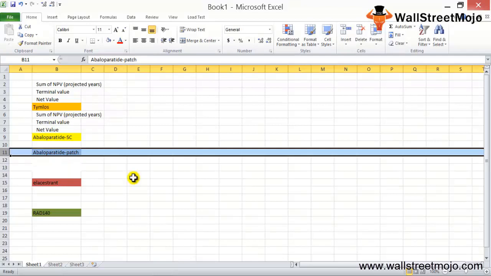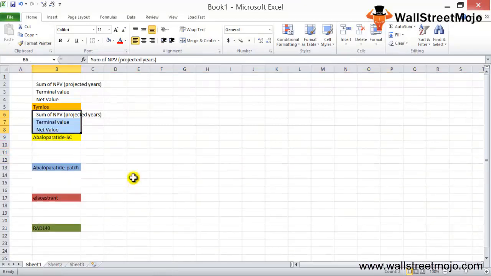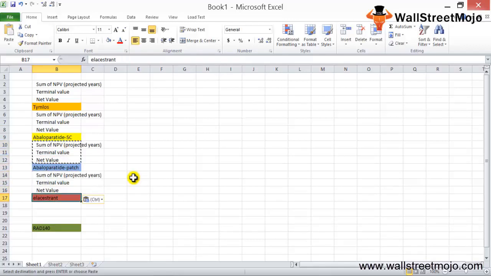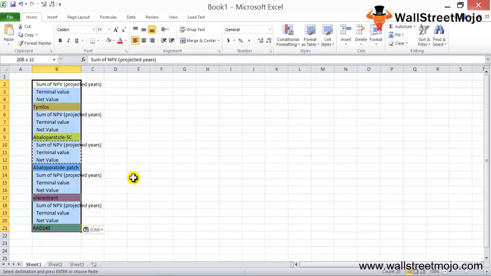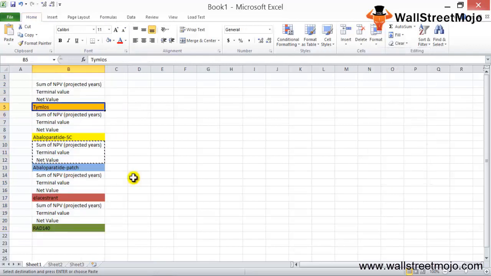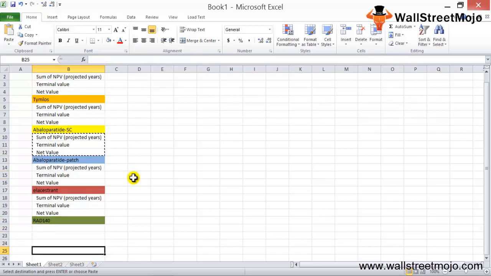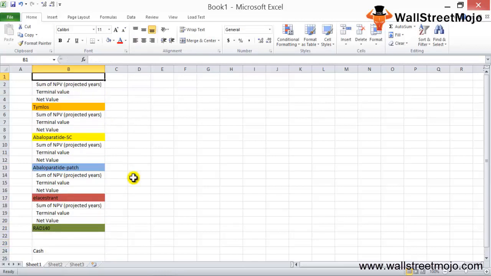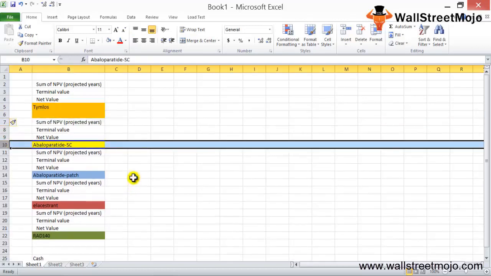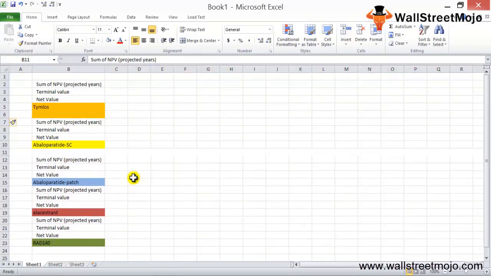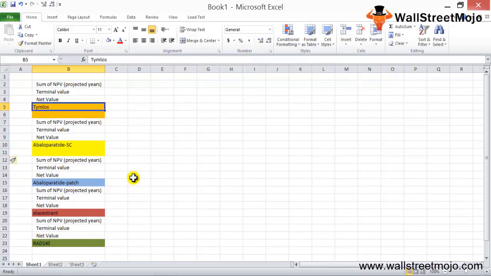Now I'll copy this across. And in the end, I'm going to take the cash. So whatever value I get here, so net value for Tymlos, let's say I get the value as 450.